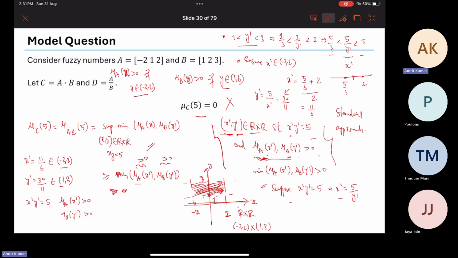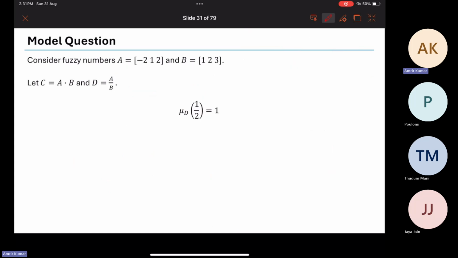Now, your first instinct should be to check if we can contradict this. If we can find a pair x dash comma y dash such that x dash belongs to A with positive membership, y dash belongs to B with positive membership, and the product of x dash and y dash is equal to 5, then you can contradict that the membership value of 5 in C is 0. I hope I gave you some sense of how to approach questions like this.